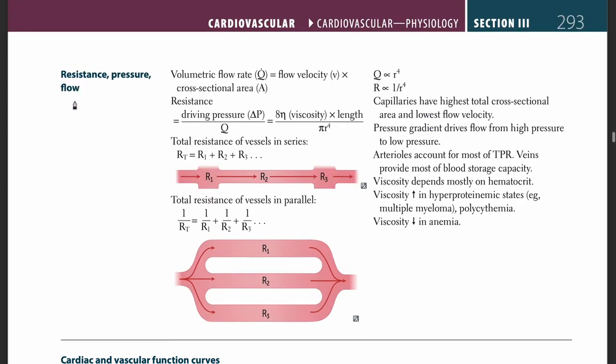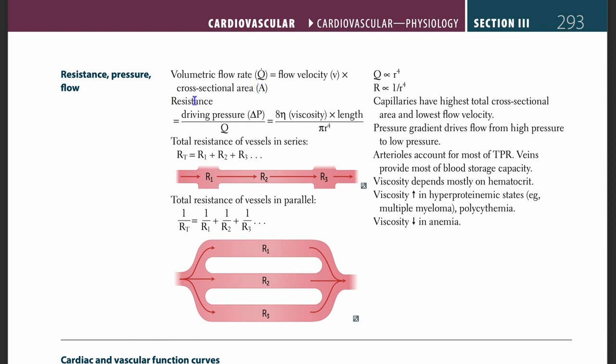Okay, resistance, pressure, and flow. Now volumetric flow rate, Q. So that's cardiac output is equal to this. Q equals flow velocity times cross-sectional area.